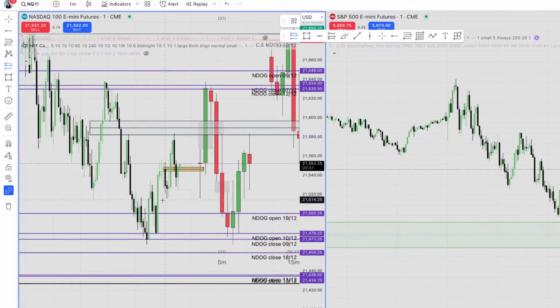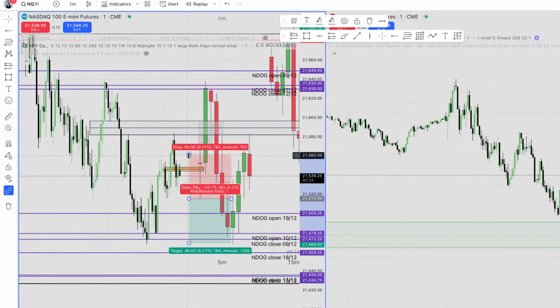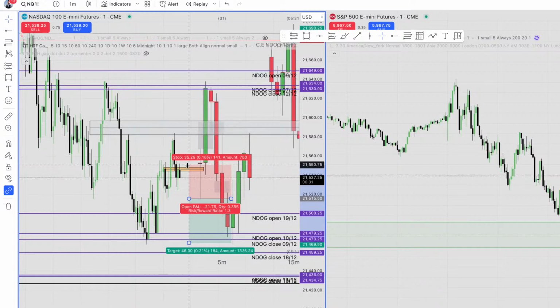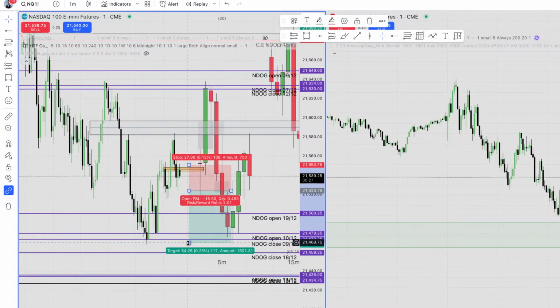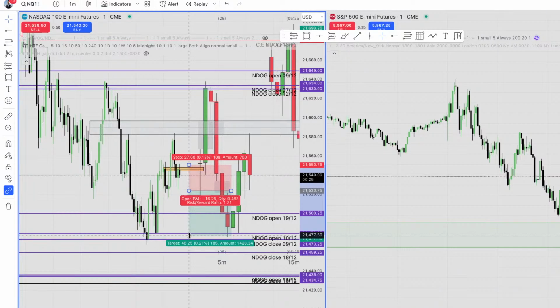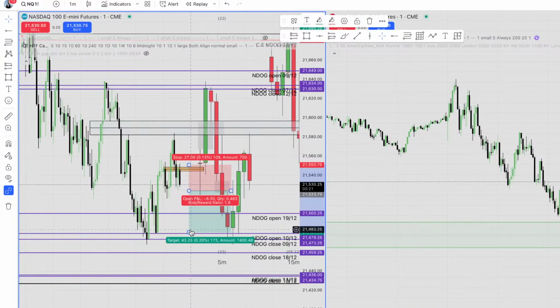This is really nice. If this, for example, gets broken, I will put my stop loss here and above this breaker, or at least I will put it here. This would be nice, and absolutely I will target the next liquidity.